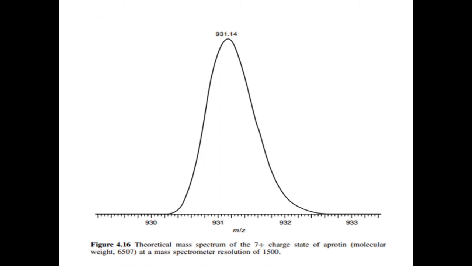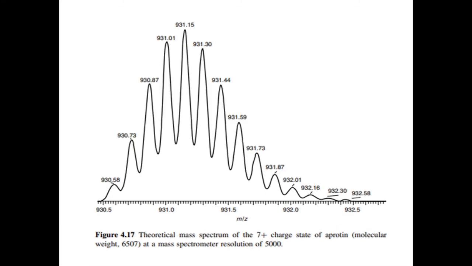If the monoisotopic ion, namely that corresponding to the presence of the most abundant isotope of each element in figure 4.17, 930.58, is used, a value of 6507 is obtained.